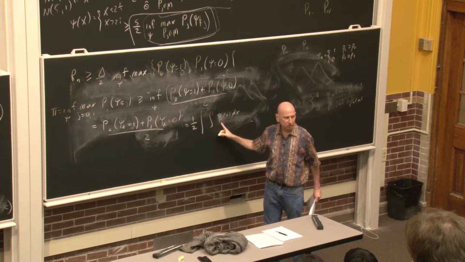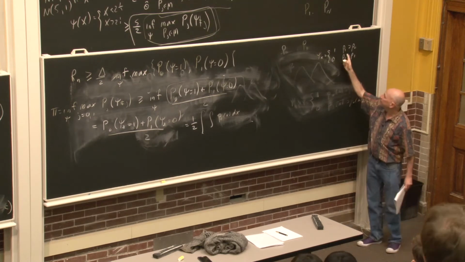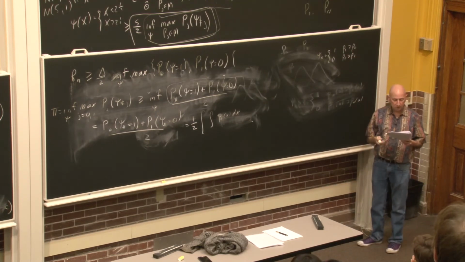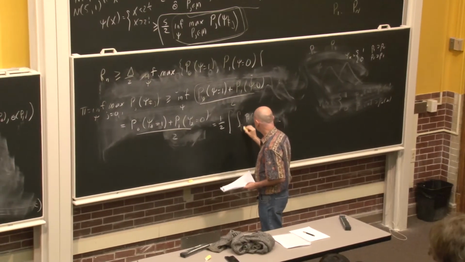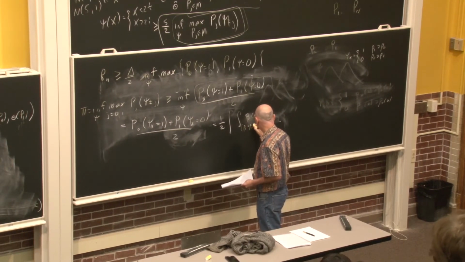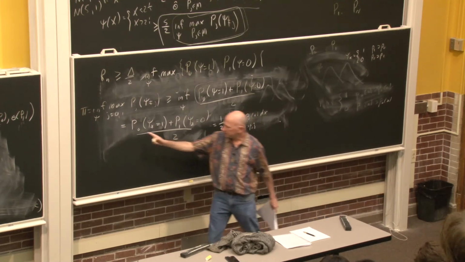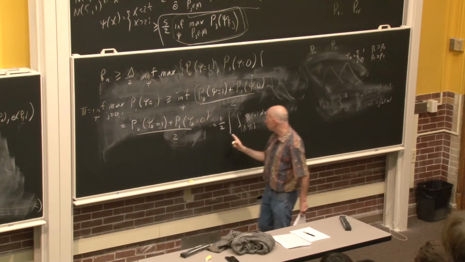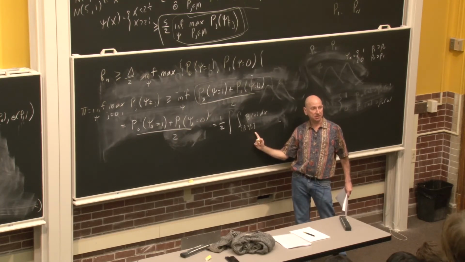Under P0, to choose wrong means to choose P1. When do we choose P1? When P1 is bigger than P0. So we're integrating over that set. The probability when P0 is the truth that you picked the wrong thing is precisely the integral over this set, because that's the set where the Neyman Pearson test picked P1.